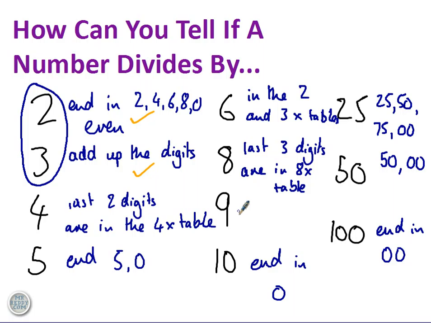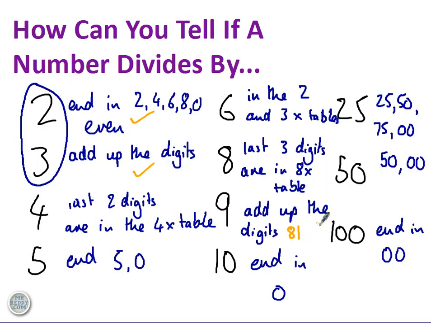If you want to know if a number divides by 9, then you add up the digits and if the sum of the digits divides by 9, then so does the original number. So if we take a number like 81, add 8 and 1 together, you get 9, and 9 is in the 9 times table, so therefore 81 is in the 9 times table.